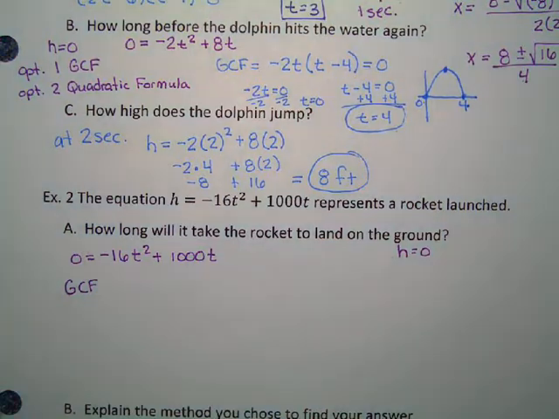So we want to figure out what goes into 16 and 1,000. Well, let's try 4. 1,000 divided by 4 is 250, and 16 divided by 4 is 4. So those are both even numbers, so let's try 8. 1,000 divided by 8, well, that works, and 16 divided by 8 also works. So I'm going to take out a negative 8t.